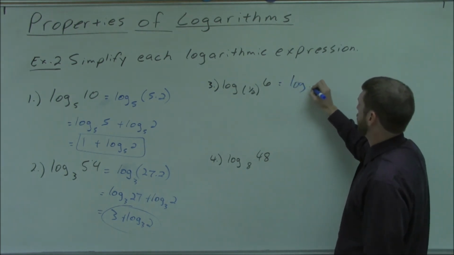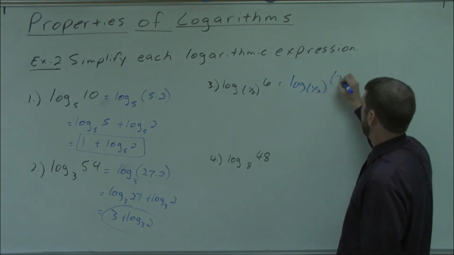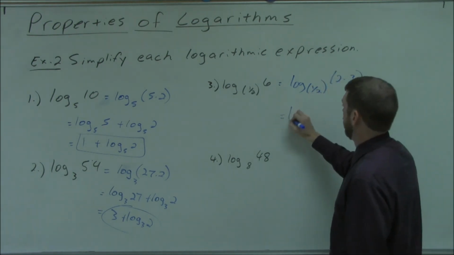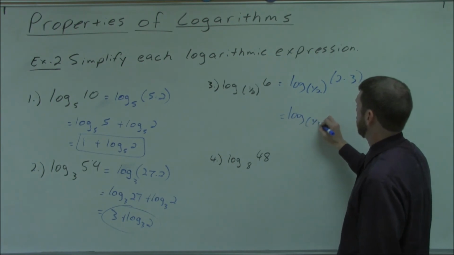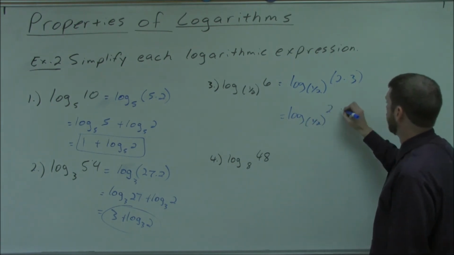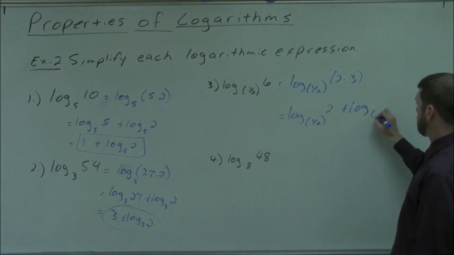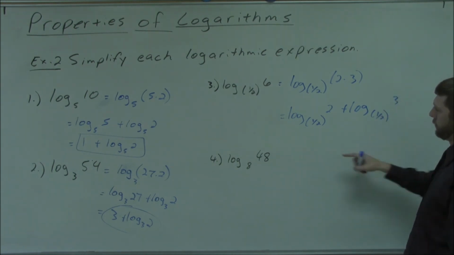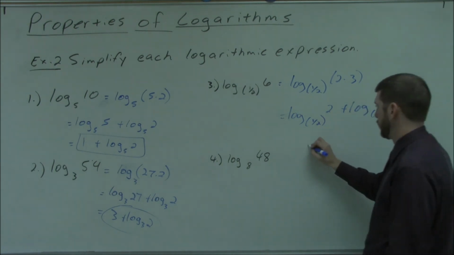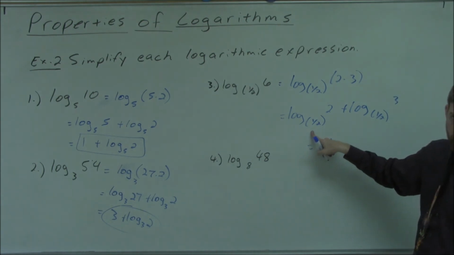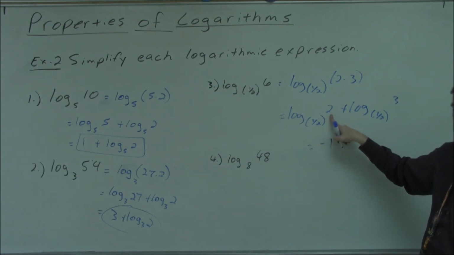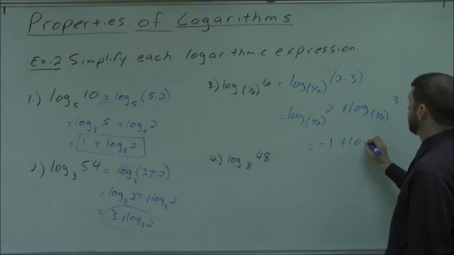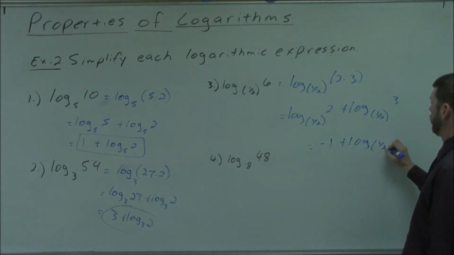I could make it log base 1/2 of 2 times 3 and get log base 1/2 of 2 plus log base 1/2 of 3, and that's going to give me -1, right? 1/2 to become a 2 needs to be reciprocal, so -1 plus log base 1/2 of 3.